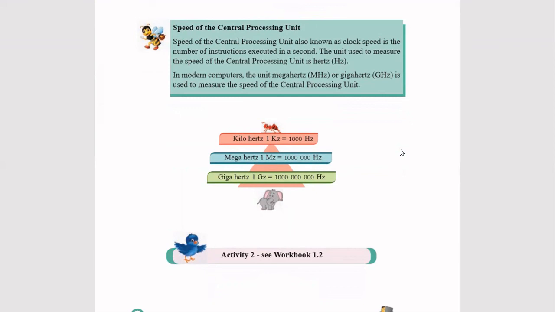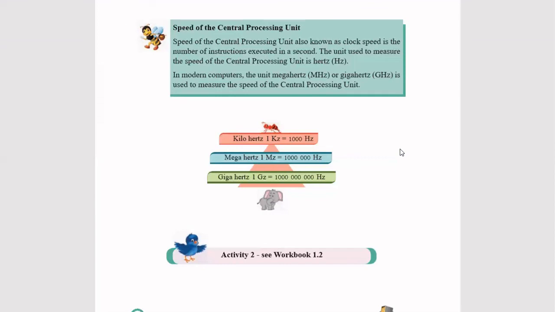The unit we use to measure the clock speed is hertz. So in modern computers we use megahertz, gigahertz, because the speed is more compared to the previous computers.